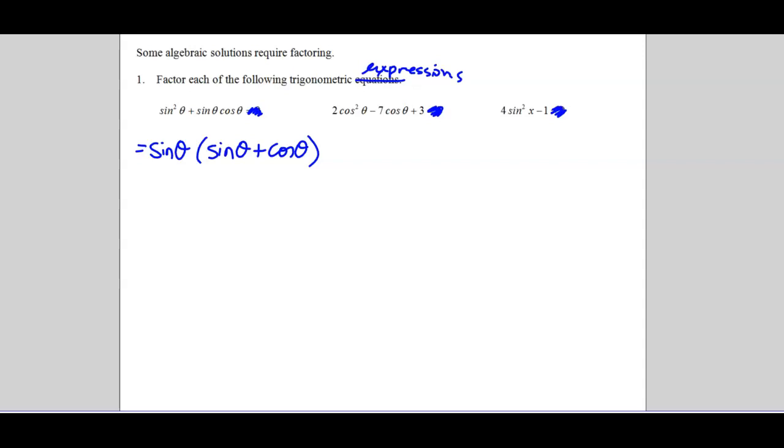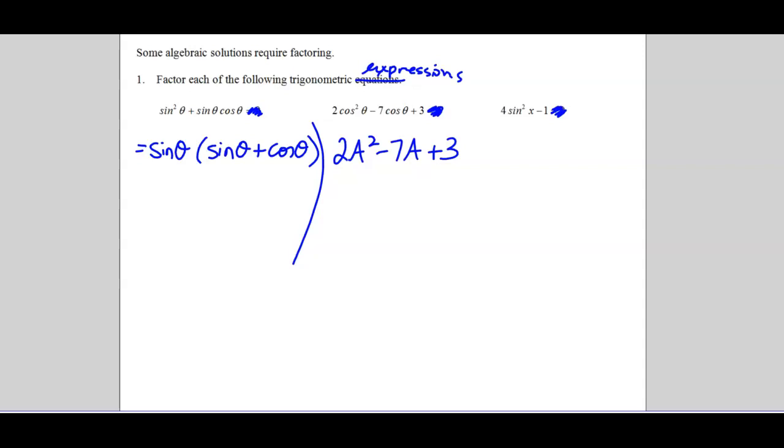Take a look at this. Cos squared, cos, and constant. So if I gave you 2a squared minus 7a plus 3, back to math 10, how do you factor that? All that's different is instead of a, it's cos of theta.